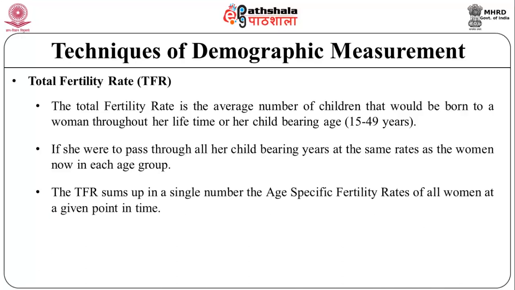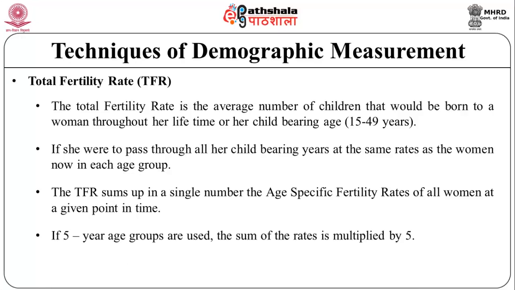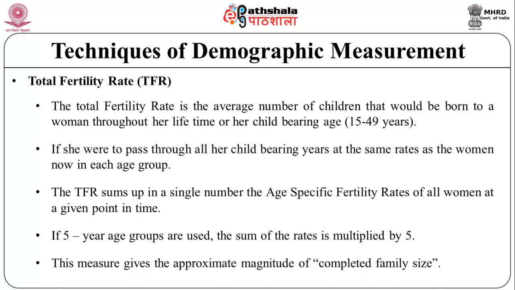The TFR sums up in a single number the age-specific fertility rate of all women at a given point in time. If 5-year age groups are used, the sum of the rates is multiplied by 5. This measure gives the approximate magnitude of completed family size.